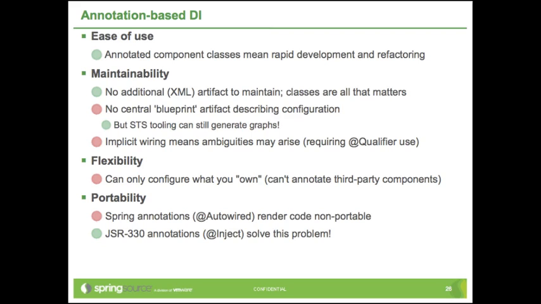And then implicit wiring, right? When we talk about implicit wiring, that means that if a transfer service needs an account repository and it's asking for it through its constructor in an annotation, it's asking for a Spring Bean by type, not by name. It's not asking for it by a bean ID. It's saying something more like, Spring, give me the object of type account repository.